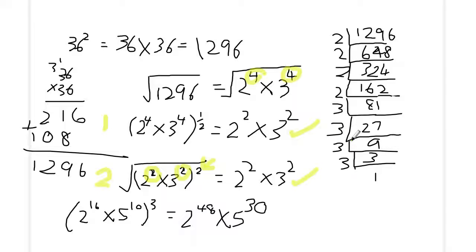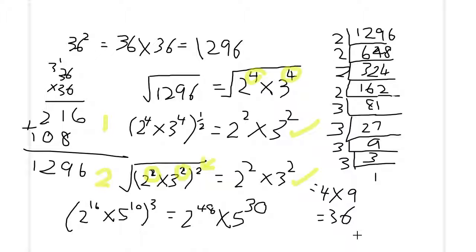So the answer to this question is actually this. So 2 squared times 3 squared. So what is 2 squared times 3 squared? 2 squared is 4, 3 squared is 9, 4 times 9, 36.